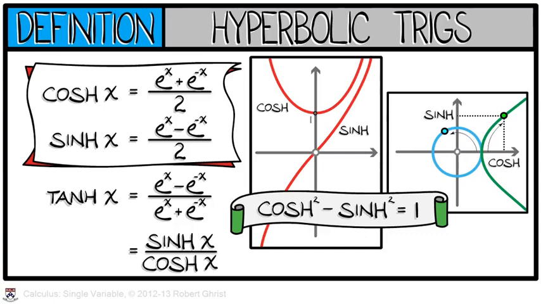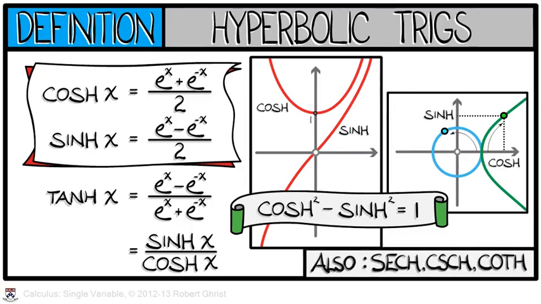In the hyperbolic trigonometric setting, the same is true, but for a hyperbola instead of for a circle. As you might suspect, there are also hyperbolic secant, cosecant, and cotangent functions.